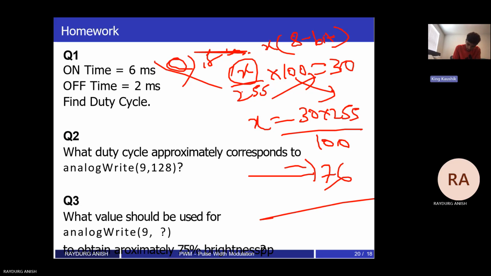So that would be X upon 255 times 100 equals 30%. Now I have to do it in reverse order: 30 times 255 upon 100 equals X. Okay, got it.